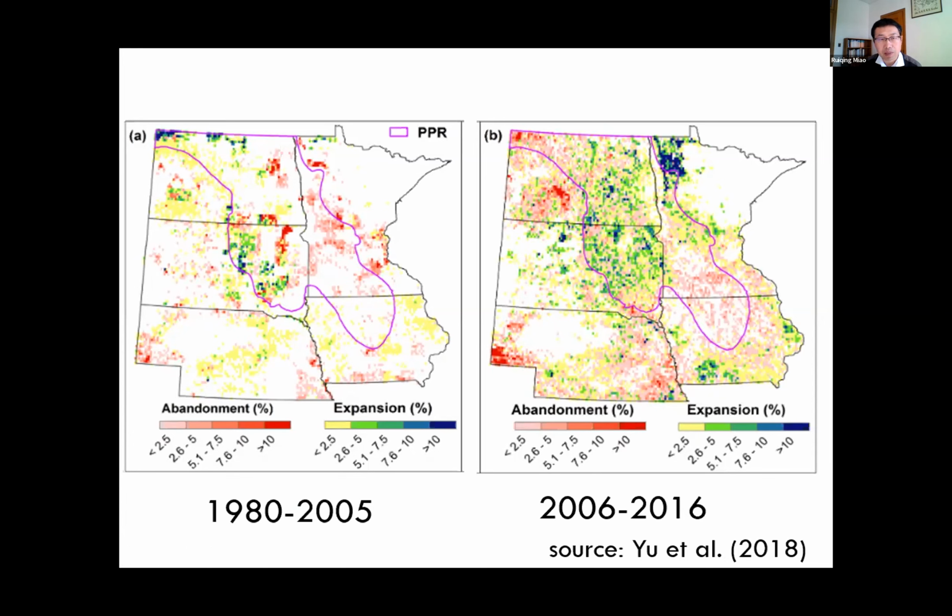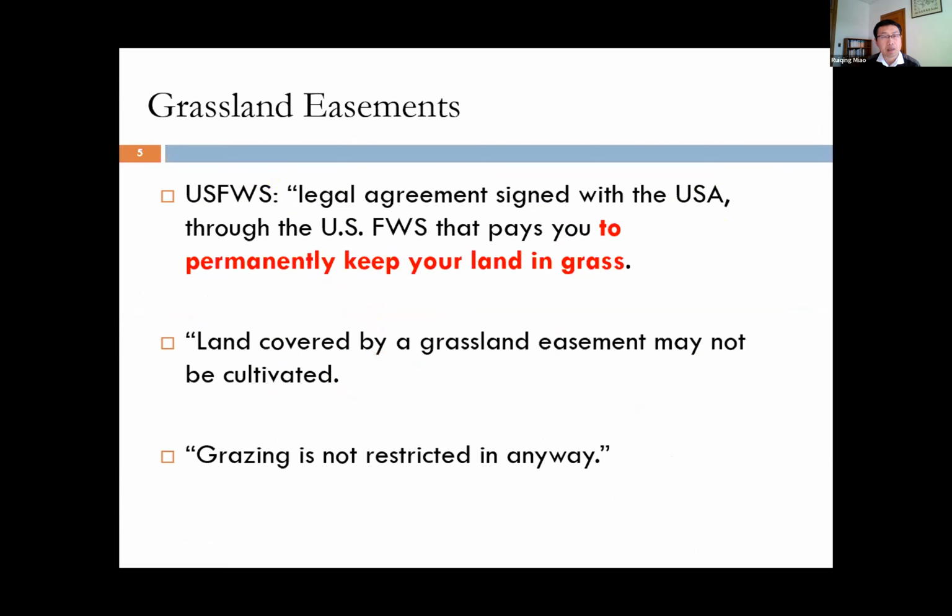That means mainly from grassland. If you compare this prairie pothole region, you'll see more green dots, which is cropland in this area. So the grassland is reducing, at an increasing speed.